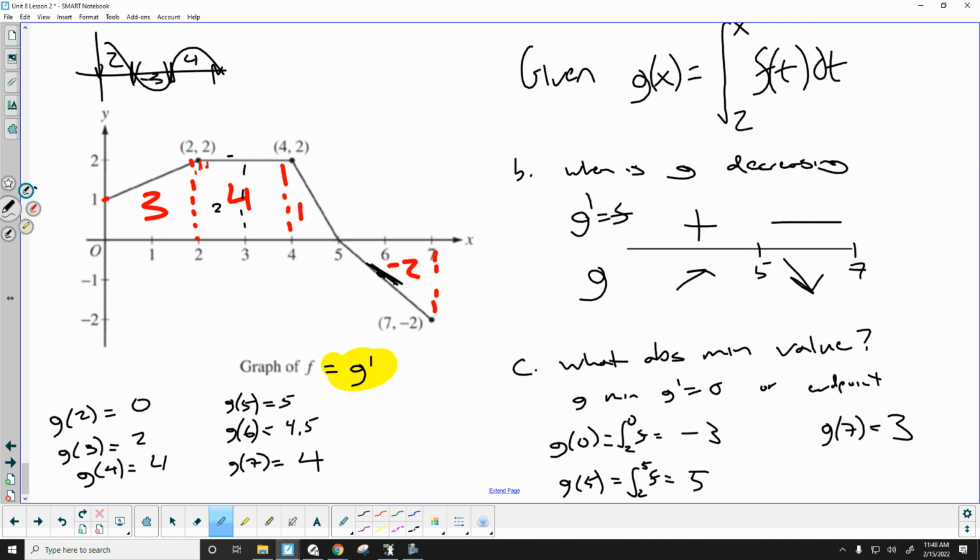What's the area from 0 to 5? 4, 5, 6, 7, 8. Remember, you would write this plus 8 underneath it. From 0, wait, did I write down 0? G of 0, that was -3. From 0 to 5, I go from -3 to 5. Positive 8.